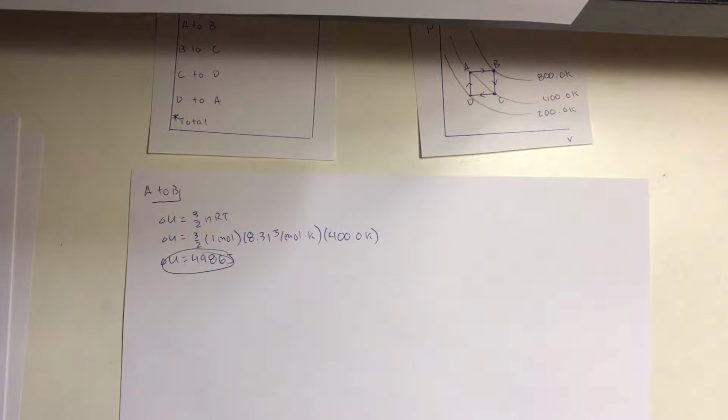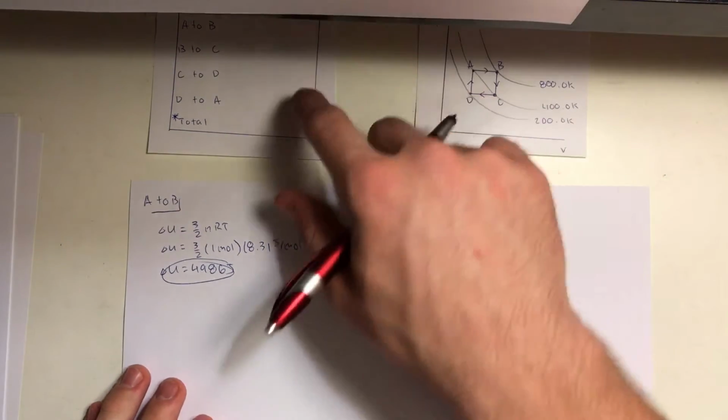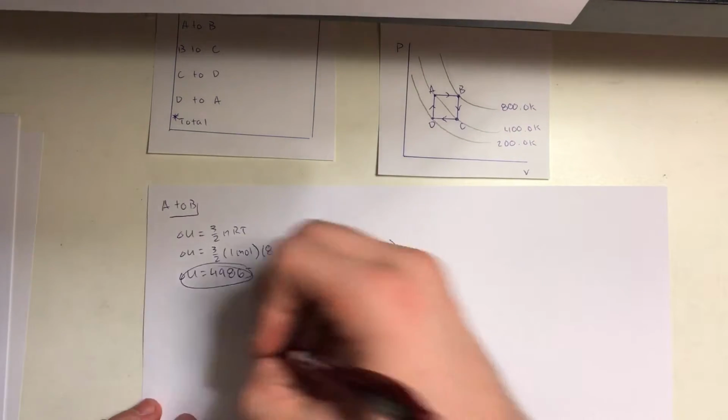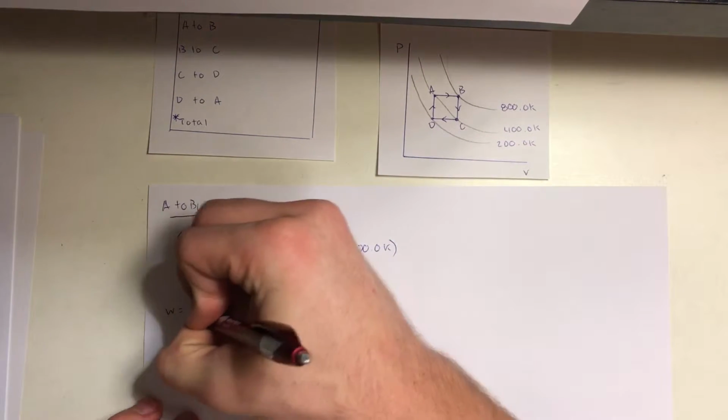Since it is an isobaric process, no change in pressure, we can find the work.